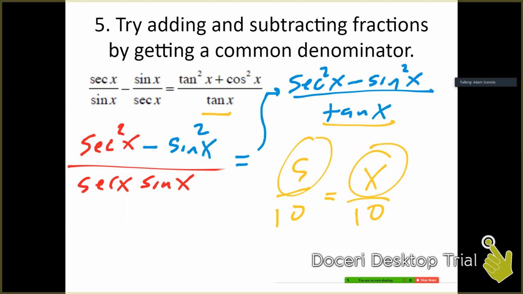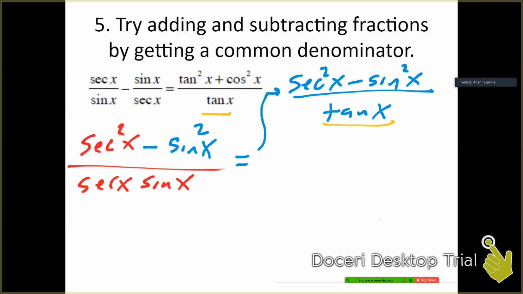You know that this should equal that because the denominators are equal. So this should equal that. Now that's not a proof, but you should think about that and be like, all right, I'm just going to work with the tops now and try to prove that tangent squared plus cosine squared equals secant squared minus sine squared. So remember, when you have trig functions squared, you should look to the Pythagorean identities, all right?